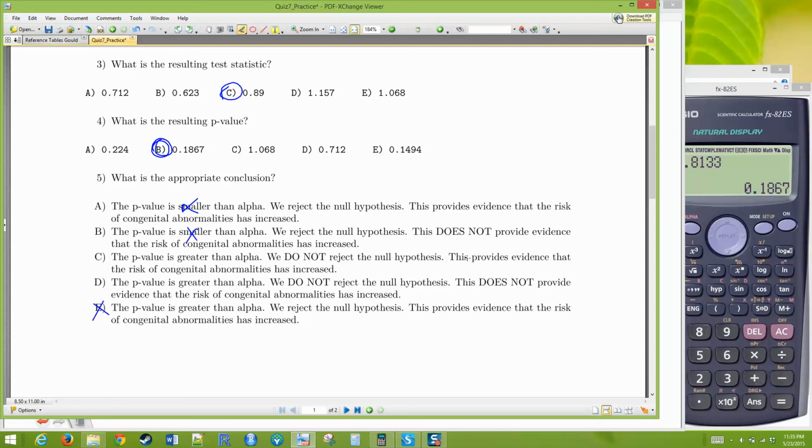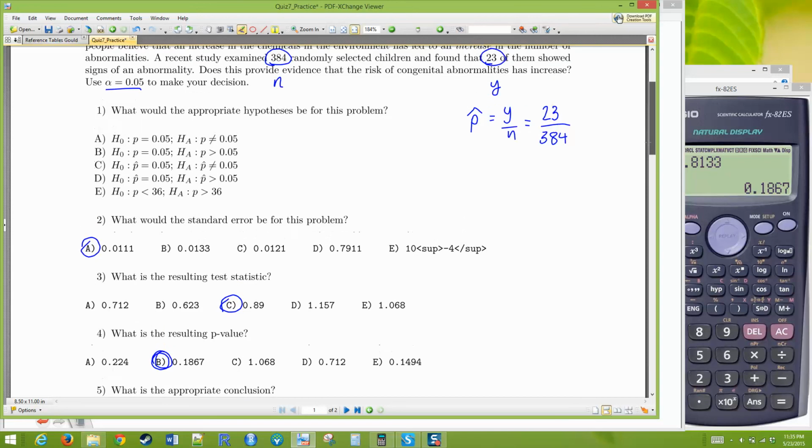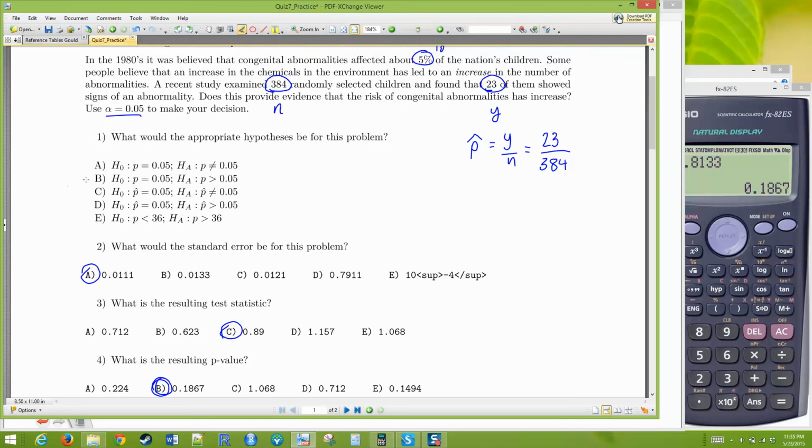And the last one says, this provides evidence that the risk of congenital abnormalities has increased. And the other one says, this does not provide evidence that the risk of congenital abnormalities has increased. Wow, okay, so this, we have to think back to our problem and decide what we have. Remember, our hypothesis is answer choice B. Okay, so our null hypothesis was that P equals 0.05, and our alternative is that P is greater than 0.05.